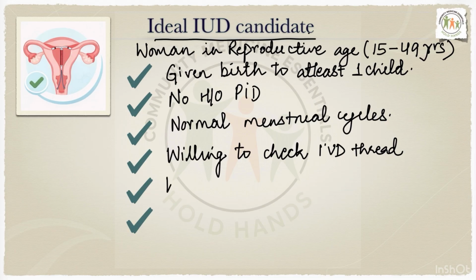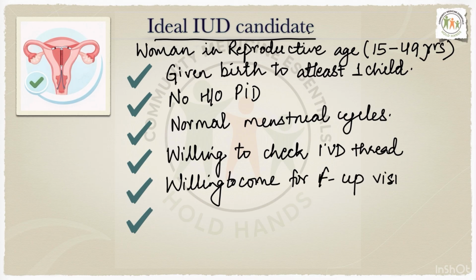Then she should be willing to come for follow-up visits. Finally, the ideal IUD candidate is one who is in a stable monogamous relationship.